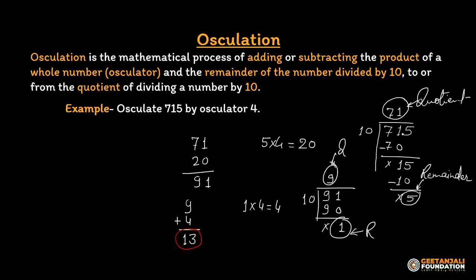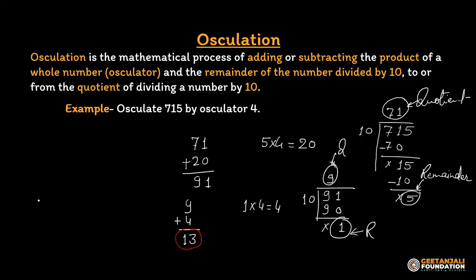And the number just before the unit place digit was the quotient, like here it was 71, and in this case it was 9. So if 715 is the number, you can take 71 here, take this 5 here, multiply this with the osculator, get the number, and add it to get the result. Again, if you want to osculate, same process, you write this 9 here, this is your remainder right here, multiply with the osculator and add it. So your answer is 13.